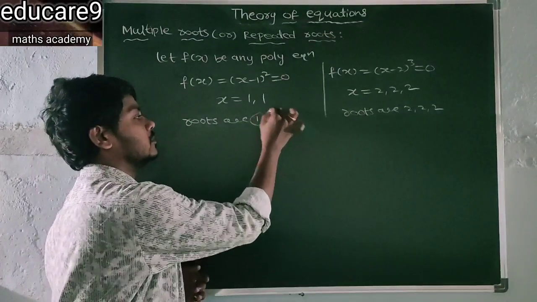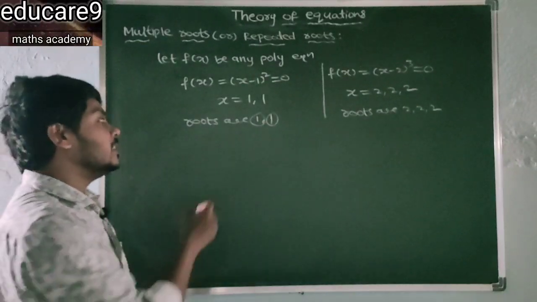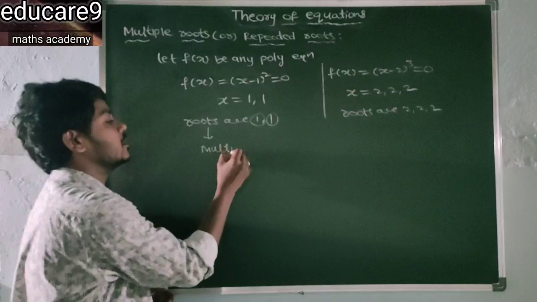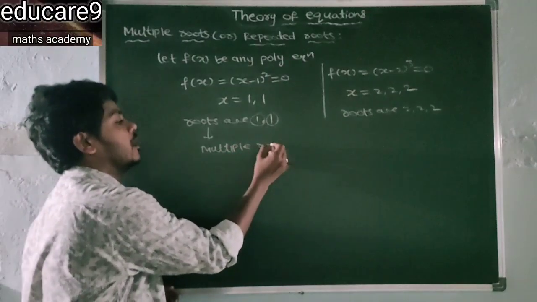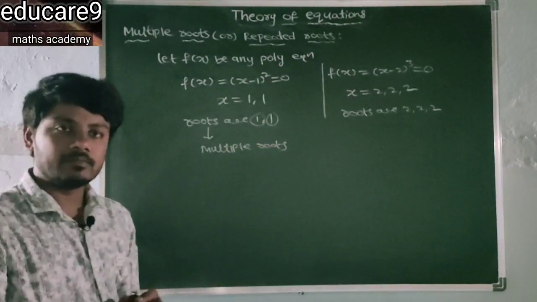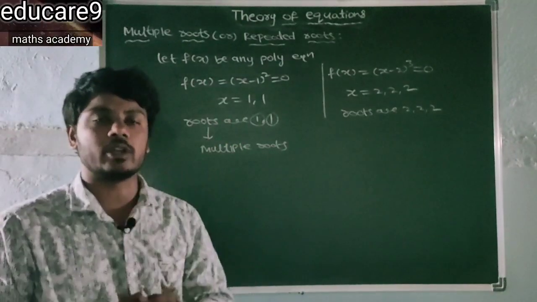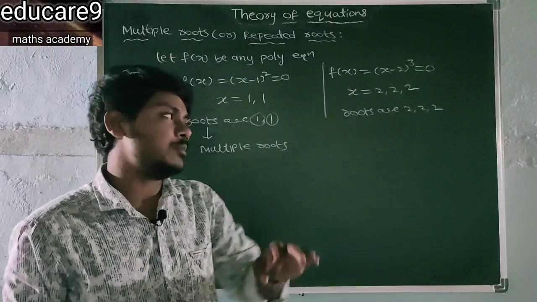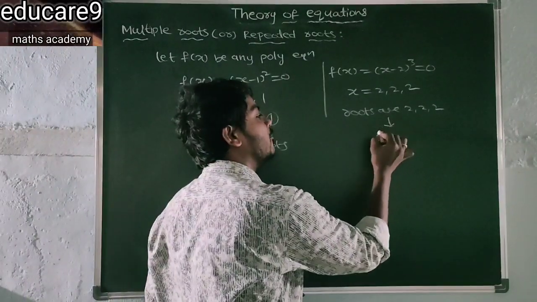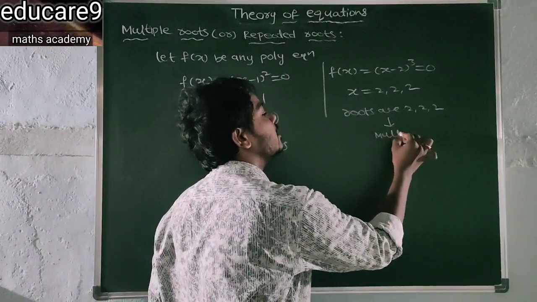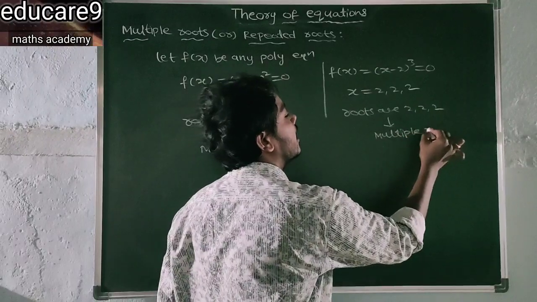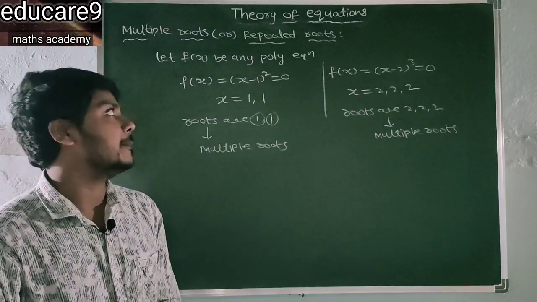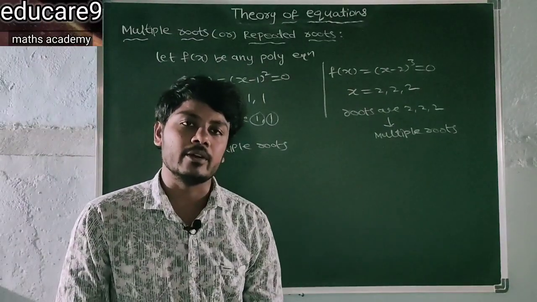Therefore these roots are called multiple roots or repeated roots, because 1 is repeated 2 times and here 2 is repeated 3 times. So this is the definition of multiple roots or repeated roots.